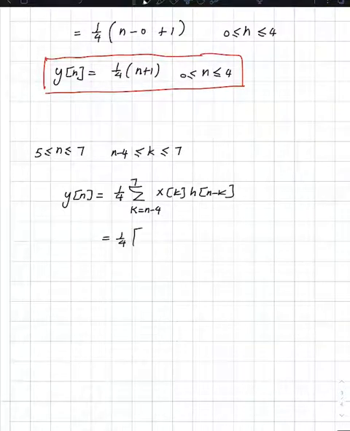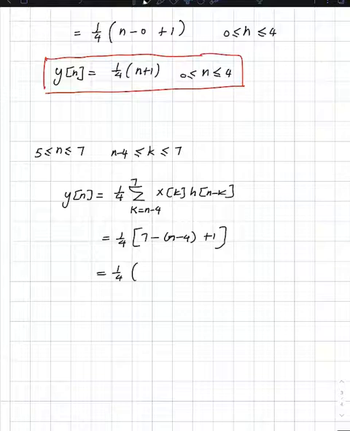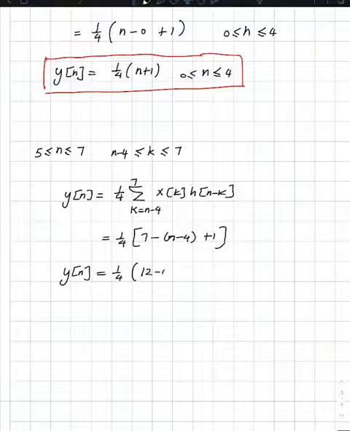So that's 1/4 times upper limit minus lower limit plus 1, which is 7 minus n plus 4 plus 1, so it's going to be 12 minus n.